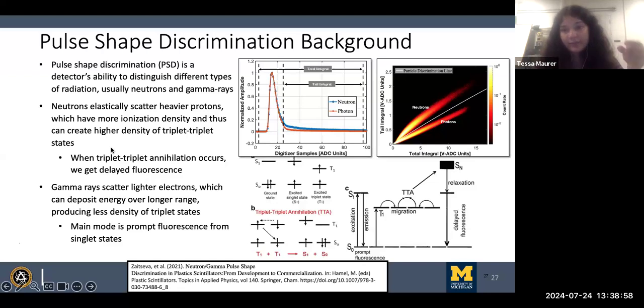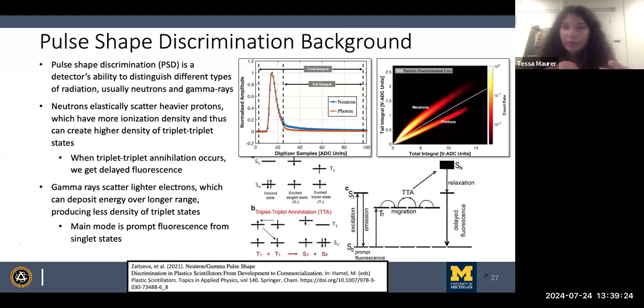So the physics idea behind this is that neutrons, as I said, elastically scatter protons, while gamma rays are Compton scattering electrons. Now, which one is heavier? A proton is much heavier than an electron, right? And so for the same imparted energy, the proton is going to have a higher ionization density as it travels.